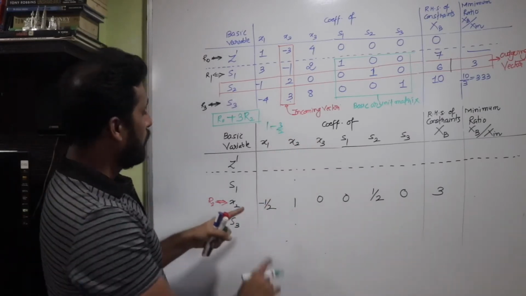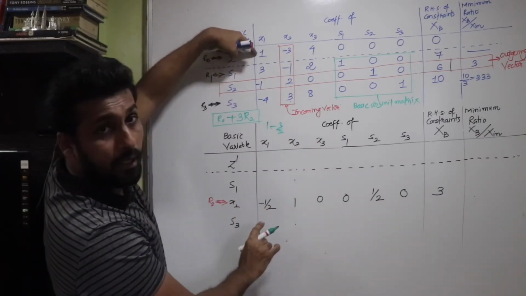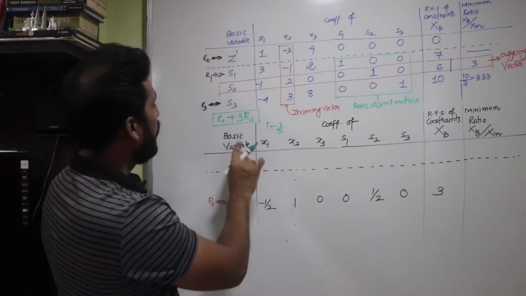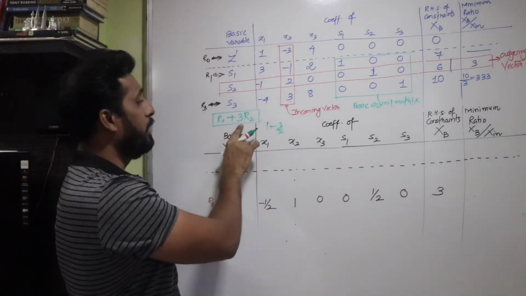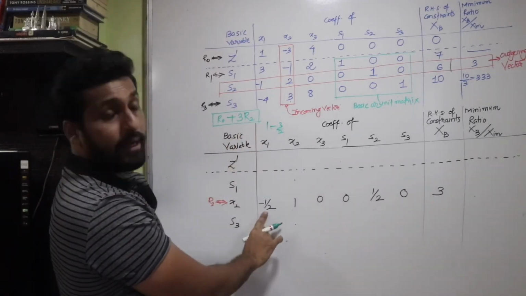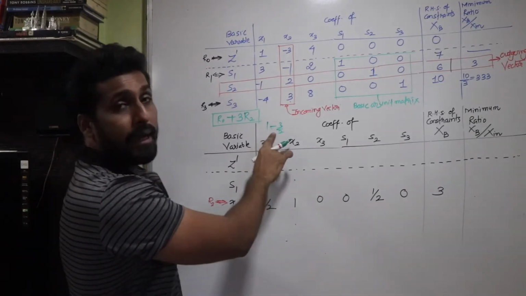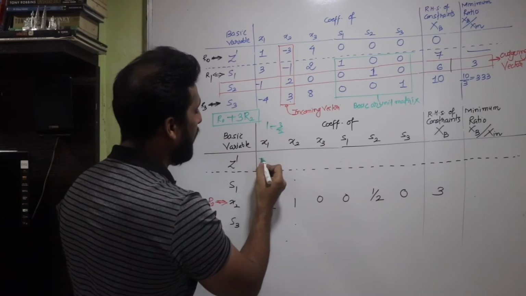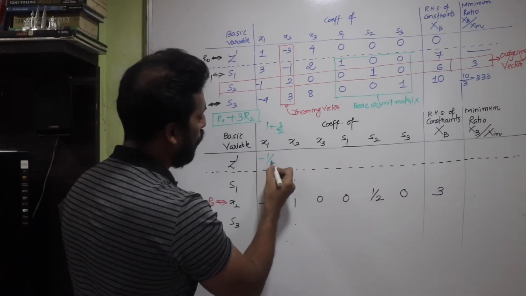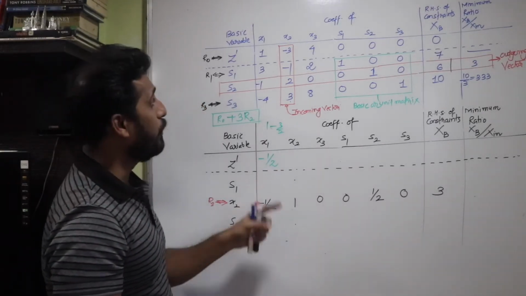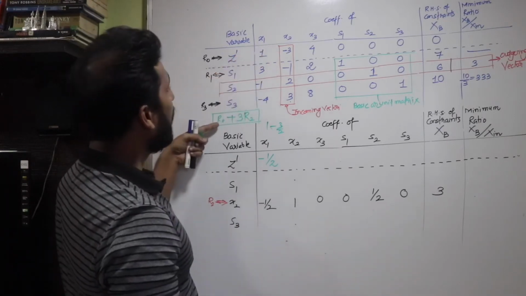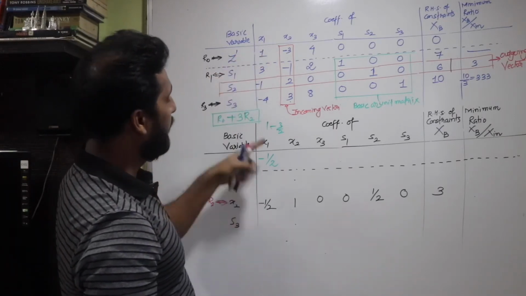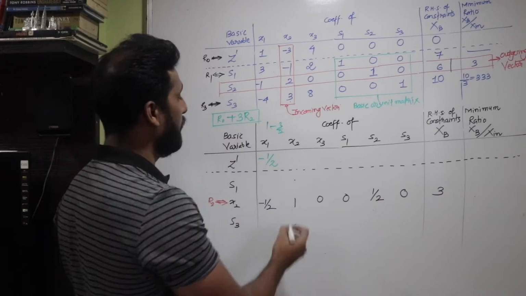Are you getting it? See, there is 1 here, and then you are adding plus 3 into R2. R2 is minus 1 by 2, so you get 1 minus 3 by 2, which gives the value minus 1 by 2. So that's my first value. Then R0 is minus 3 plus 3 into 1, so minus 3 plus 3 becomes 0.